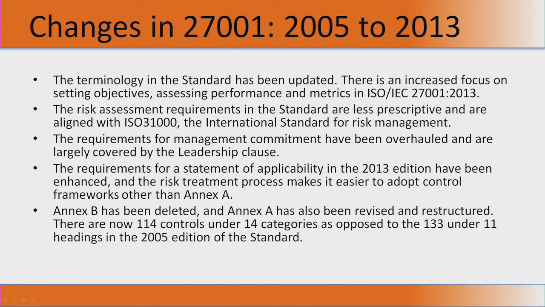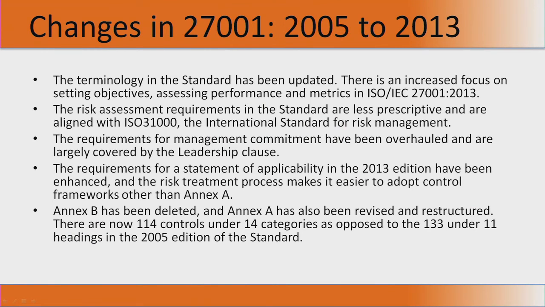The risk assessment requirement in the standard is less prescriptive and is aligned with ISO 31000. So, again 31000, as I said in the first slide, is an international standard for risk management. So, here the standards have been aligned with 31000, so that you get an effective and very optimized level of risk assessment and risk management.